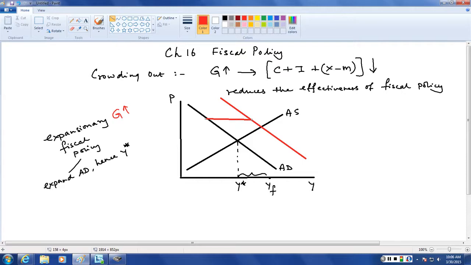You have a multiplied effect on aggregate demand of an increase in government spending, is what we learned in Chapter 14, correct? But now, because of crowding out, because the other three spendings are going to go down, we have a movement back to the left.